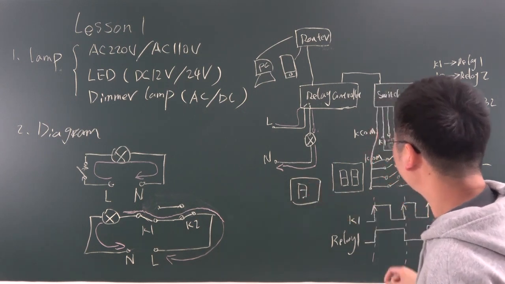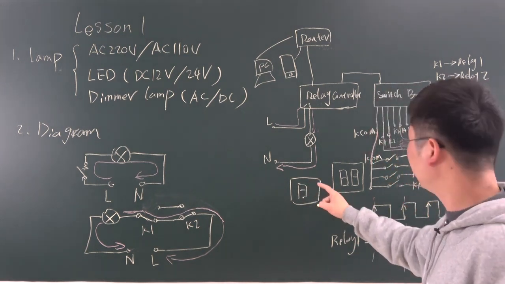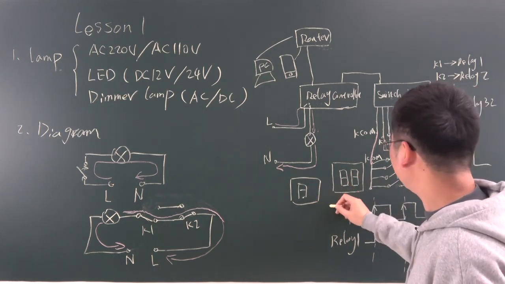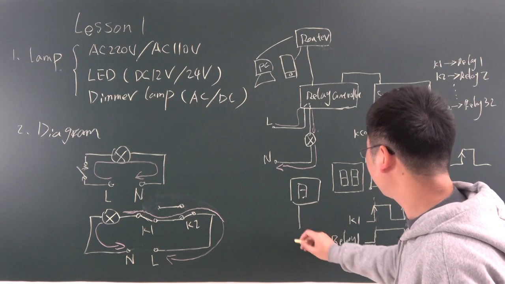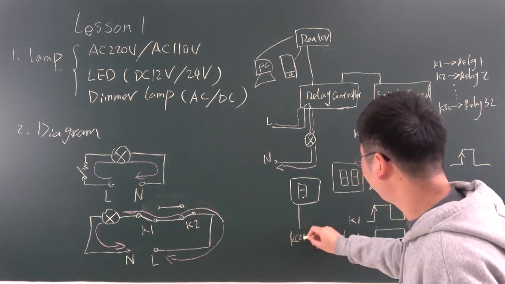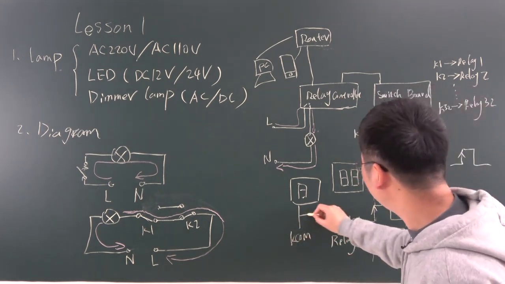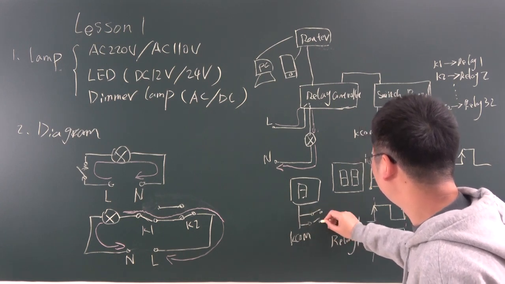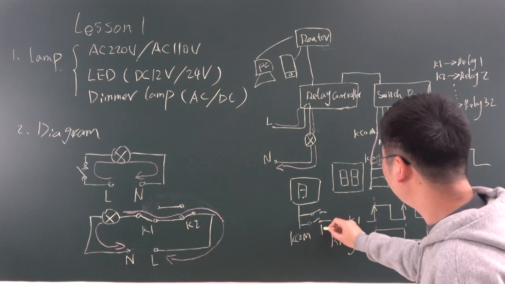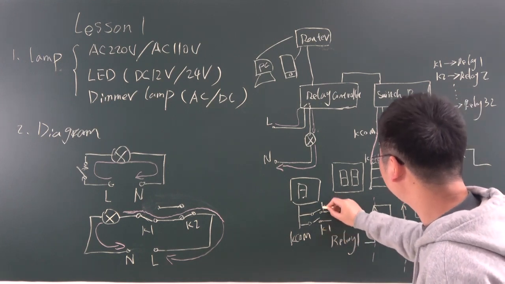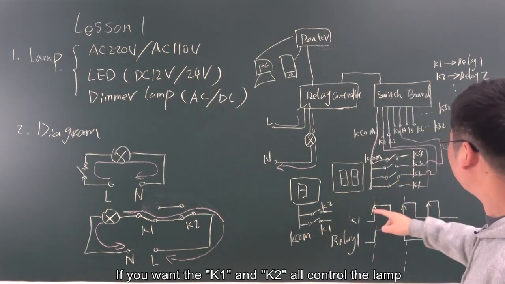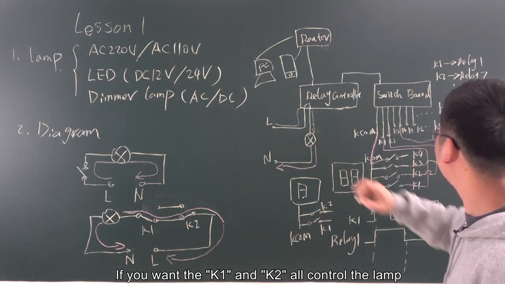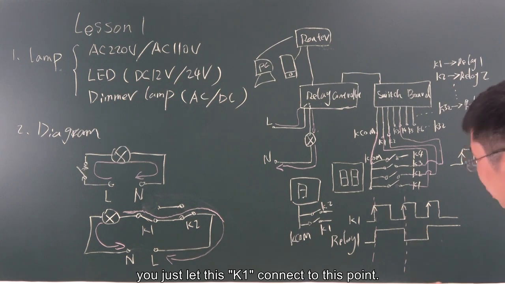If you have button 2, not button 3, just button 2, you can also have the KCON, and K1 and K2.